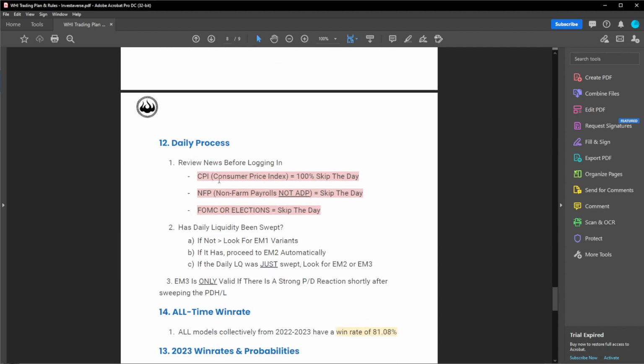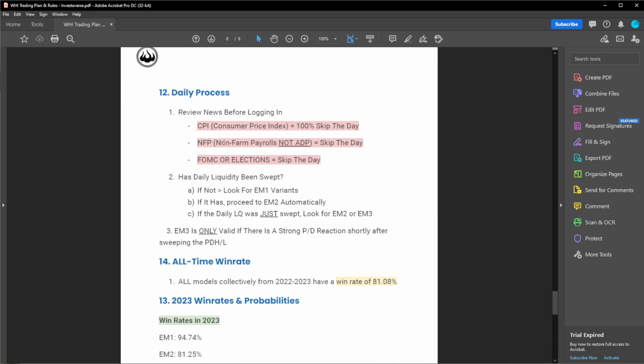In terms of daily processes, I always review the news before I even log into TradingView. Want to avoid these 3 red news days. Then I want to move on to step 2. Has daily liquidity been swept yet? If not, look for the EM1 variance.